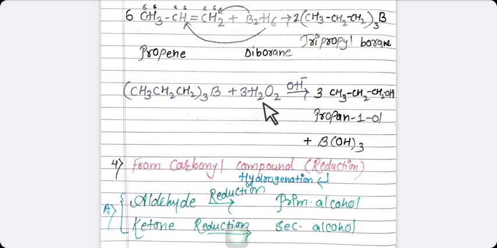The remaining 3 hydrogen and 3 oxygen are attached with the boron atom, so it will form boron hydroxide.